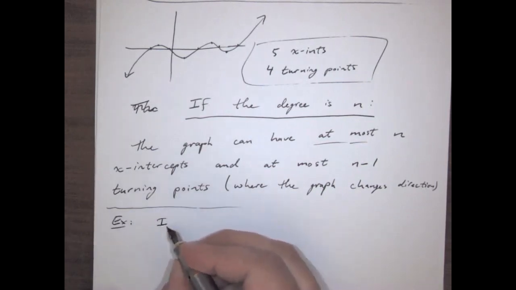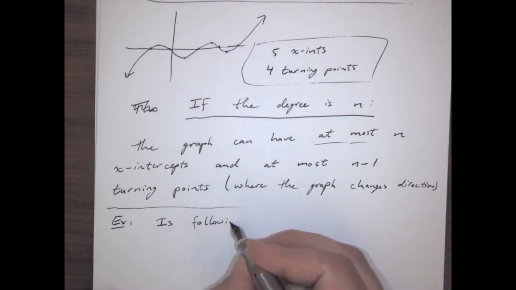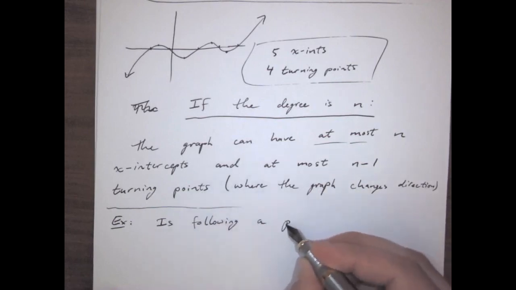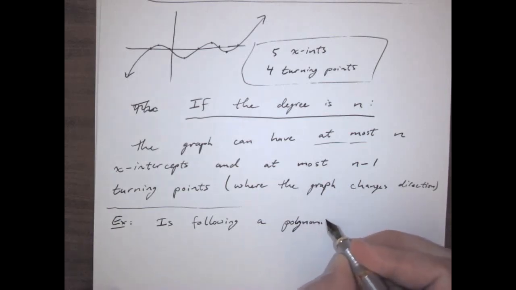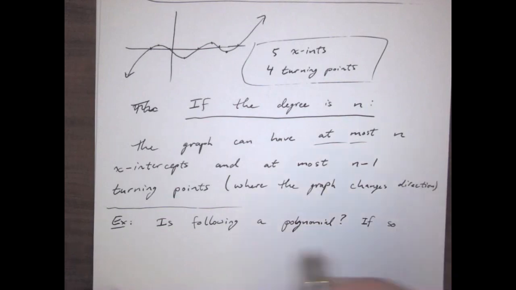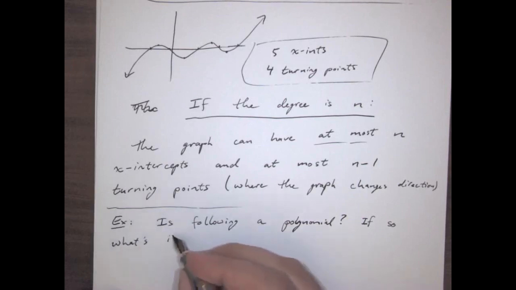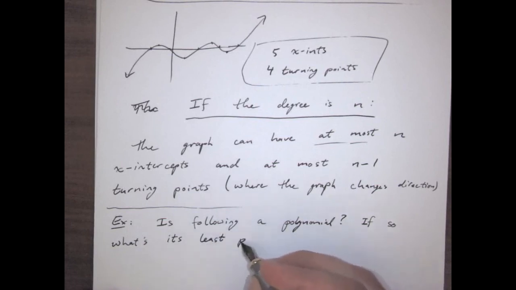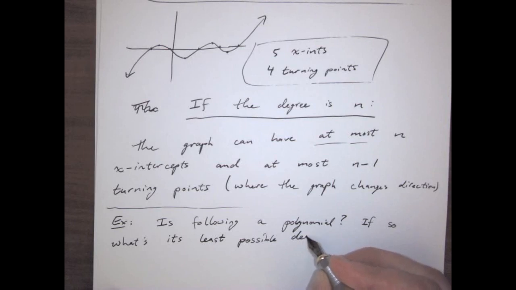Now let's see what this would look like for you as an example. So is the following a polynomial? And if so, what's its least possible degree?